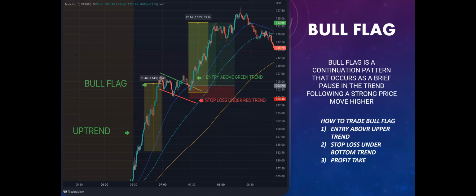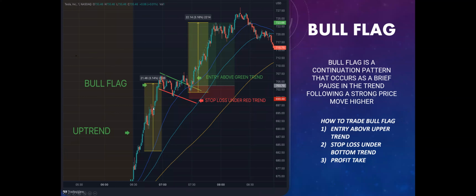The first continuation pattern, and this is my favorite, is the bull flag. As you see right here, this is what we call the bull flag. With a bull flag, you want to see an uptrend followed by this shape, just like that. Then you will see a push. This is a continuation pattern that occurs as a brief pause in a trend following a strong price move higher.